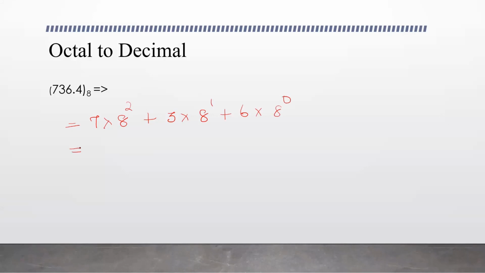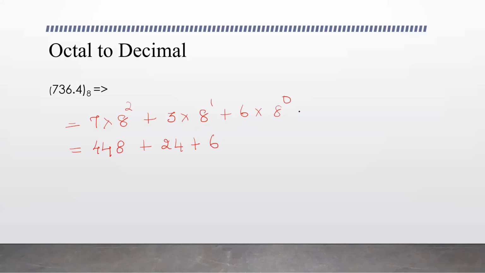That is equal to 64 into 7. It is 448. Okay, plus 8 3s are 24 plus 6 into 1, it is 6.